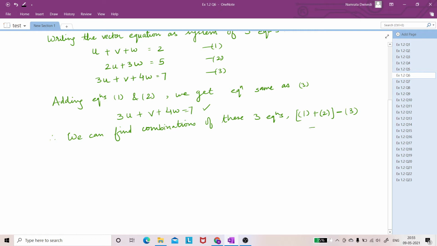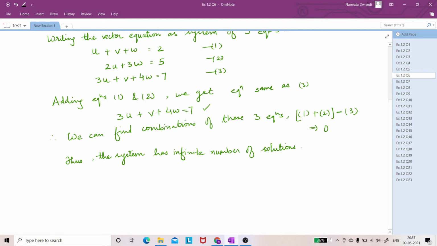This will give us 0 on both sides. So thus the system has an infinite number of solutions.